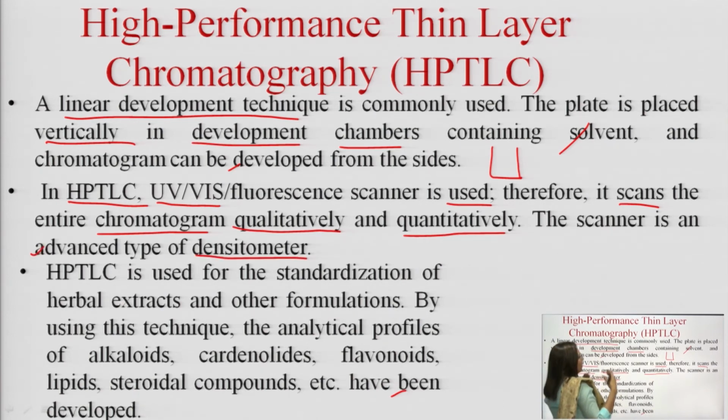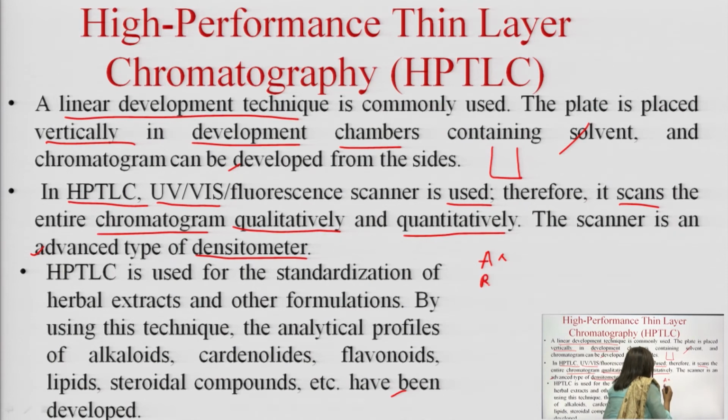That means, whenever the plate is already developed, either we can visualize qualitatively, determine what are the solute material present, what are the various components present in the given complex mixture, if it is having component A, component B, component C, all these could be determined qualitatively.